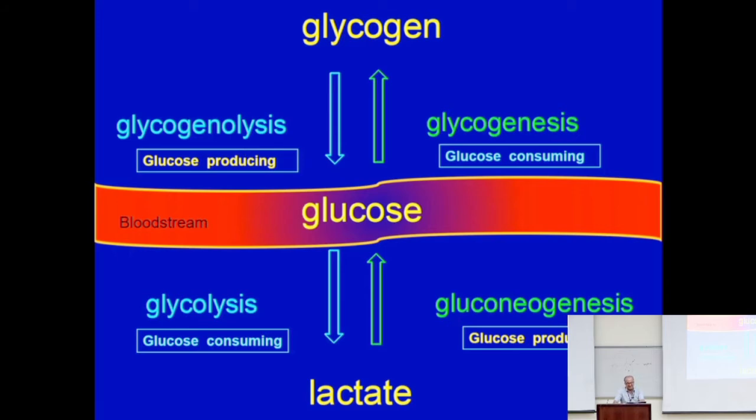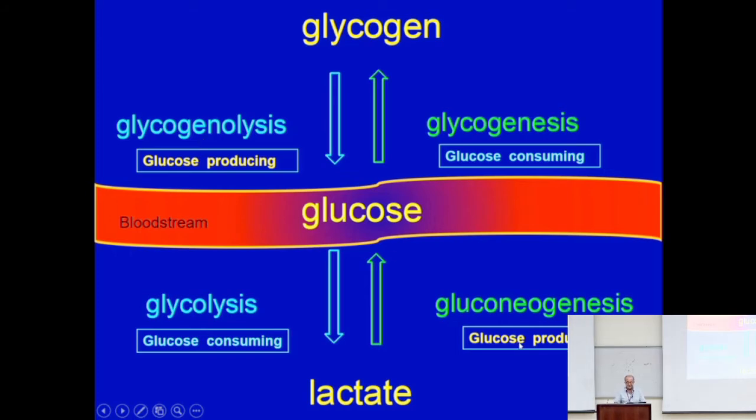A second glucose-producing pathway is something called gluconeogenesis. That simply means the de novo synthesis of glucose from smaller precursors, making a new molecule of glucose. So one source of glucose is breakdown of glycogen. The other one is new glucose synthesis from smaller molecules.